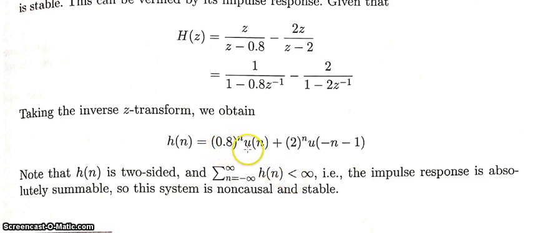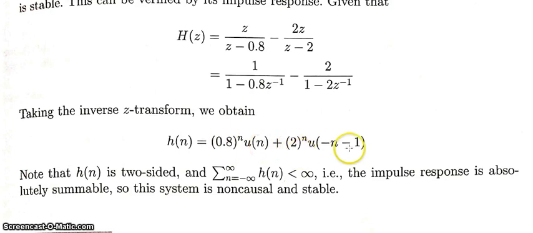0.8 raised to n into u of n, this sequence exists from n equal to 0 to infinity. Since the terms are 0.8 raised to n, as the n value increases, the value of the term decreases. Therefore, this converges.